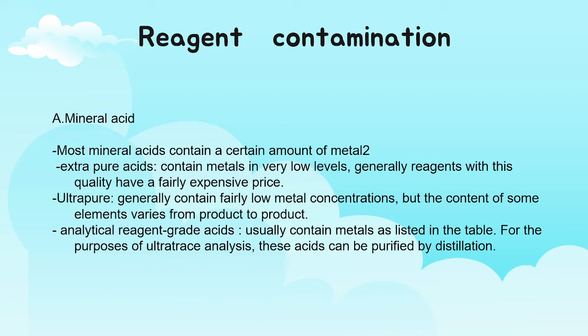Ultra pure generally contain fairly low metal concentration, but the content of some elements varies from product to product. Analytical reagent grade acid usually contains metal as listed in the table. For the purpose of ultra trace analysis, this acid can be purified by distillation.